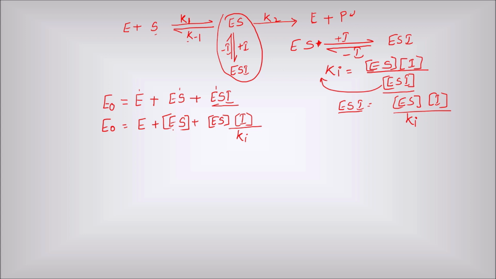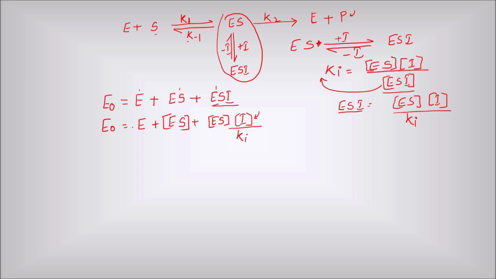Again, if you remember, we are following the same steps of derivation of the kinetics which we followed for the Michaelis-Menten equation. The only difference is that this inhibitor term, or this enzyme species, is added here.